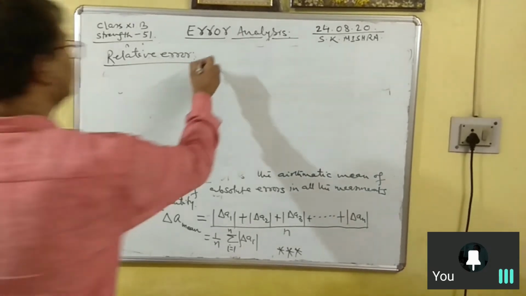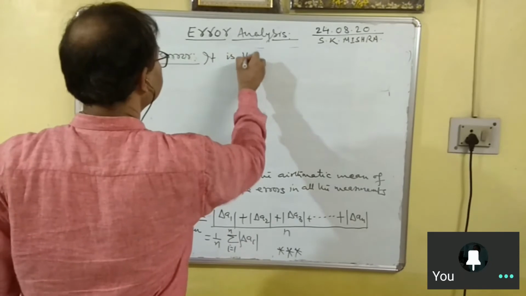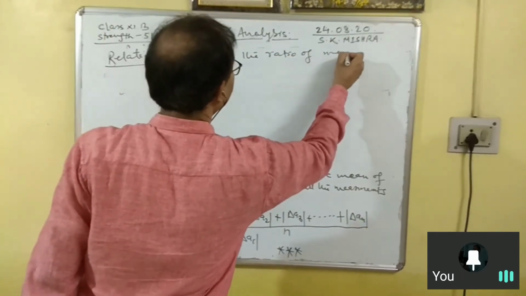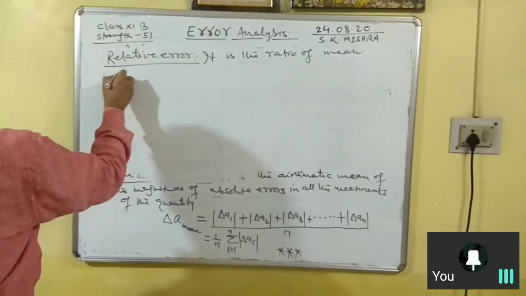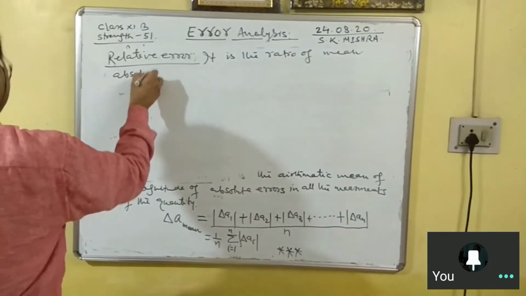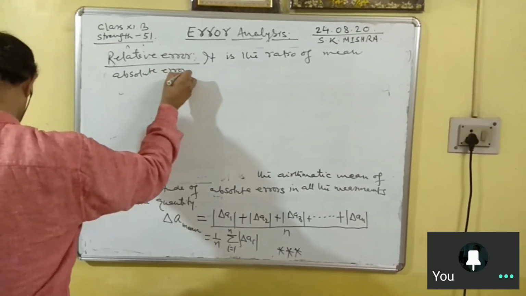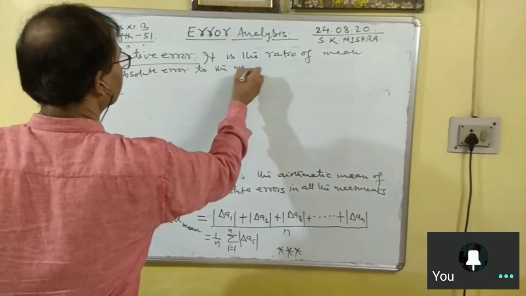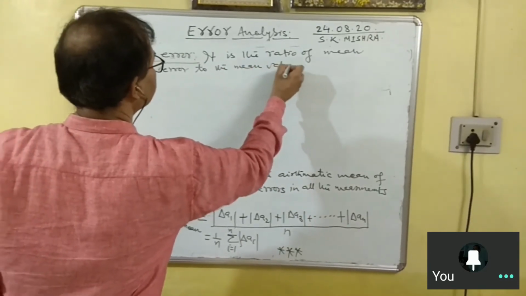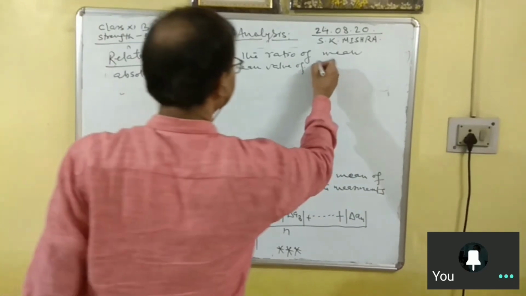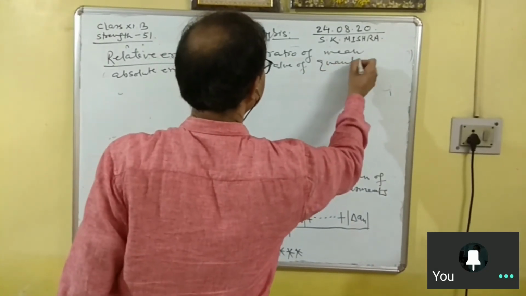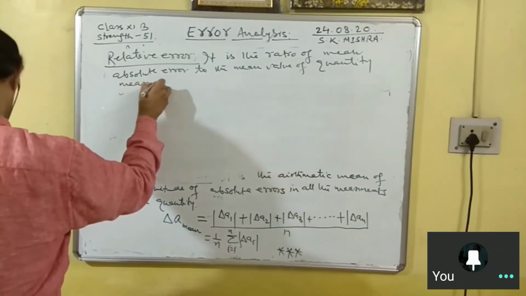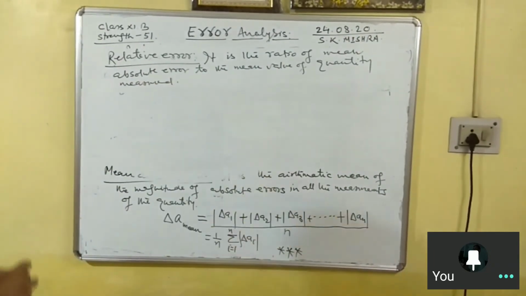So it is the ratio of mean absolute error to the mean value of quantity measured.